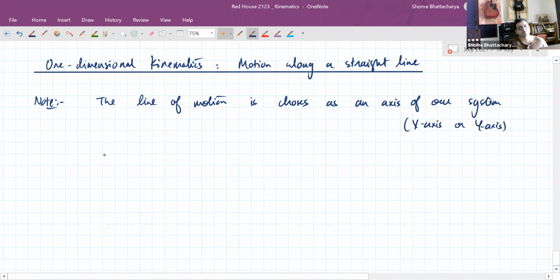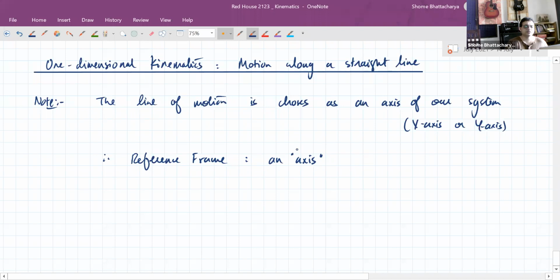So our reference frame effectively just becomes an axis. It's not a coordinate frame anymore because the motion is just happening along one line. You take that line as one of your standard axes, whichever one you want: x, y, z.